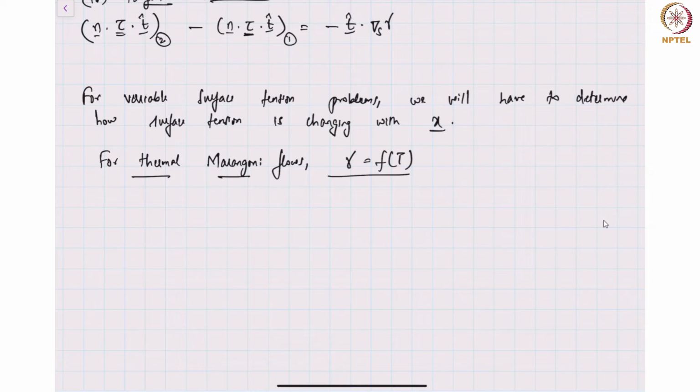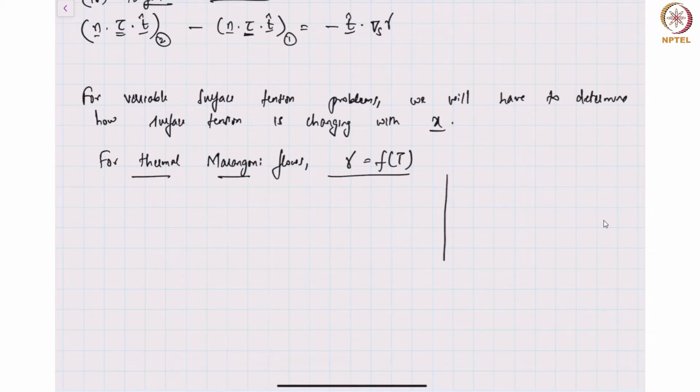For various systems, for various interfaces, these results are typically available in the literature, and one needs to know what's the dependence of gamma with temperature. For example, the simplest dependence one can think of is a linear dependence. As you heat up the interface, the surface tension reduces, and as you cool the interface, surface tension increases. So you could have a linear relationship between surface tension and temperature.